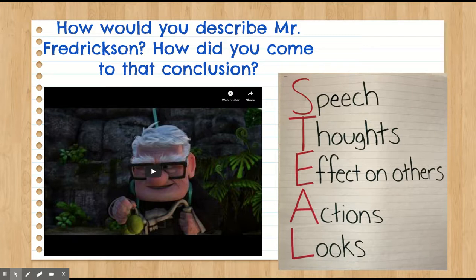He has a negative effect on the others in a way, but they still kind of stay positive as well. His actions are a little abrupt because that goes with his negative aspect. And then his looks, he's kind of slow. Obviously he's older, right? But slow, and he just throws things and throws the ball for the dog to kind of get him to go away. So overall, you would be able to characterize him all the way around if you use the STEAL acronym.